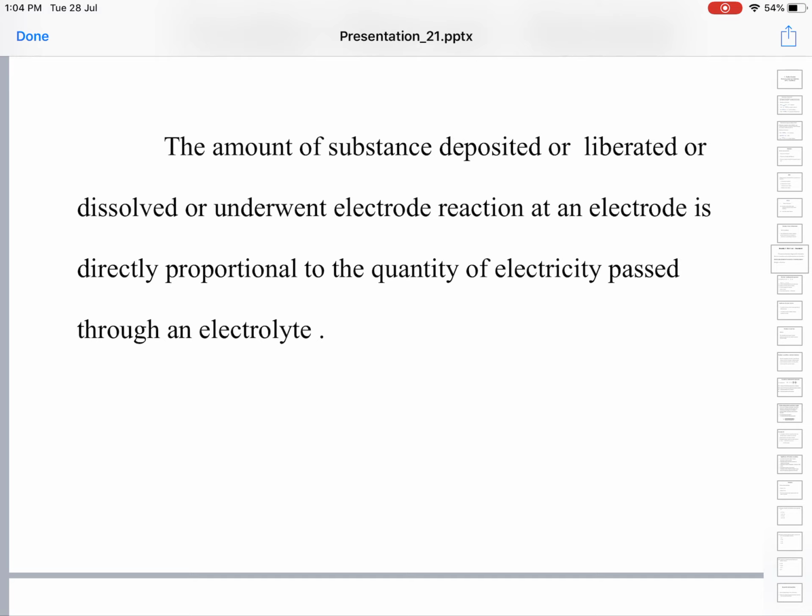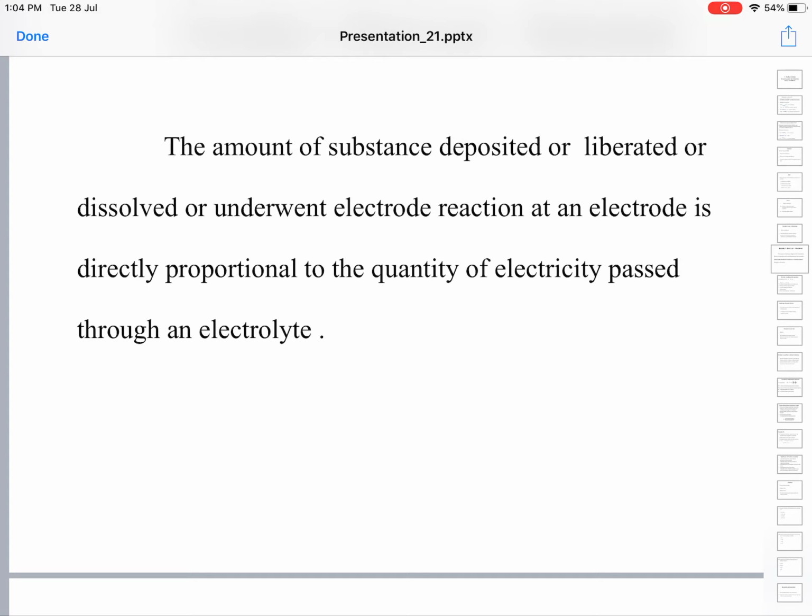A substance may be deposited in solid form, or it may be liberated at the electrode like chlorine gas, or it may dissolve at the electrode, or even undergo some sort of electrode reaction. All these things can happen, but usually we limit it and express that as deposited or liberated.